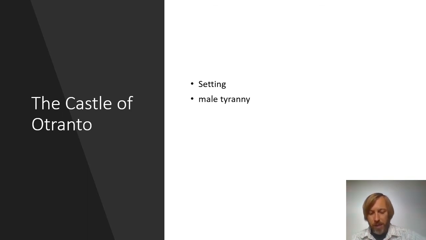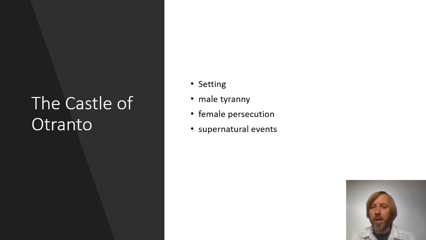We have the exploration of male tyranny and female persecution. So there's this basic plot, and of course the supernatural events that make the story inexplicable, and that evoke the fantastic.